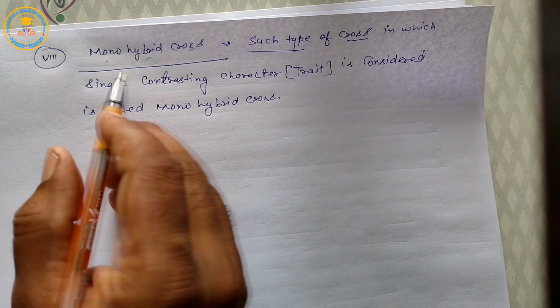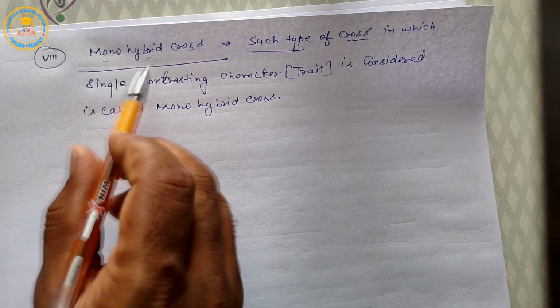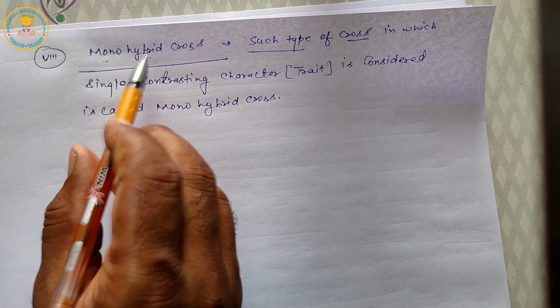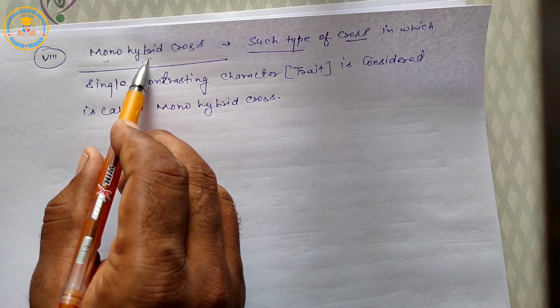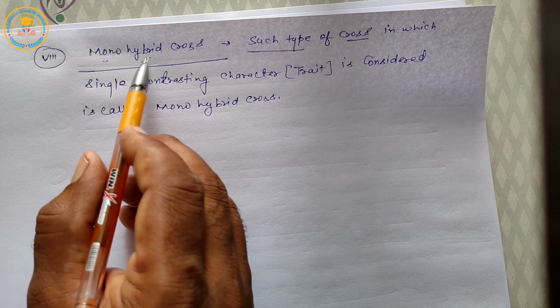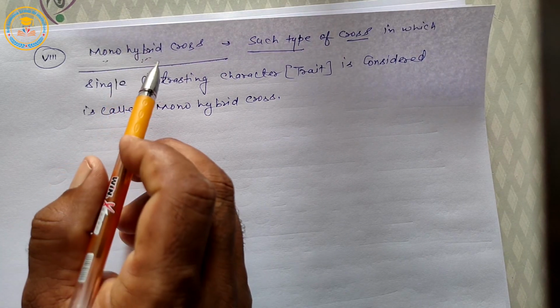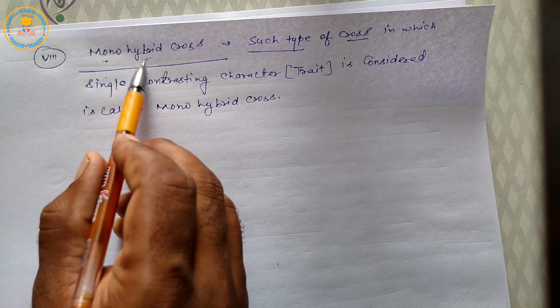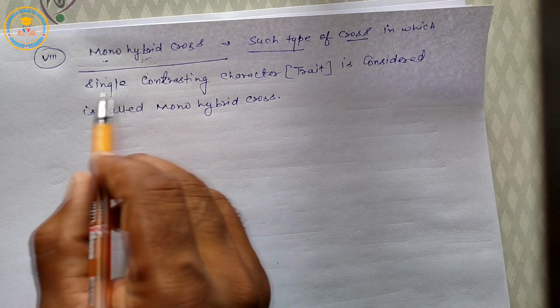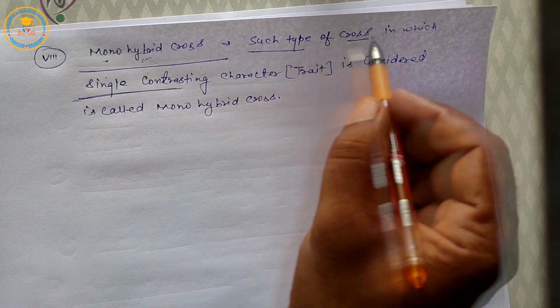Once again, mono means single, hybrid means cross. So single, cross.